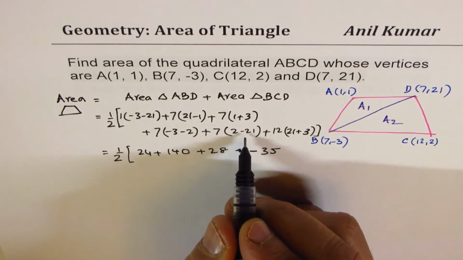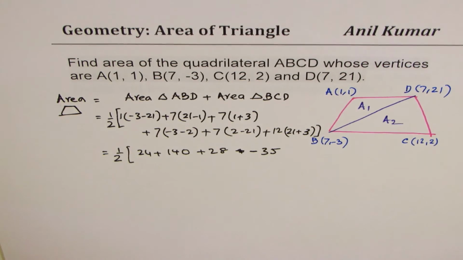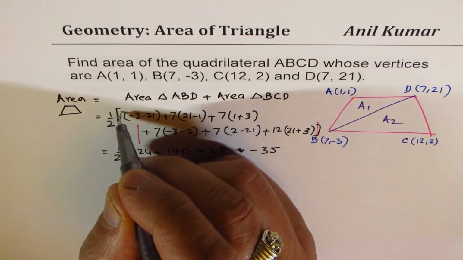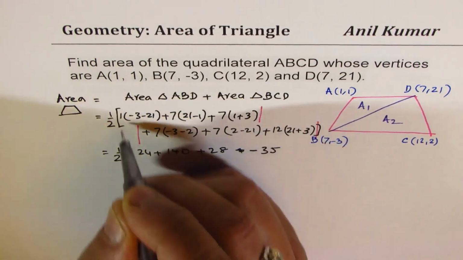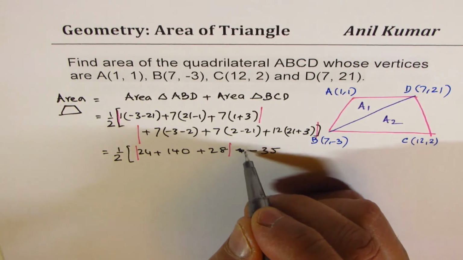Now here it is again negative, 20 times 4. So I should do absolute value of these two triangles, right? Otherwise we may land into problems. So these are two triangles separate, correct? So we'll do absolute values.